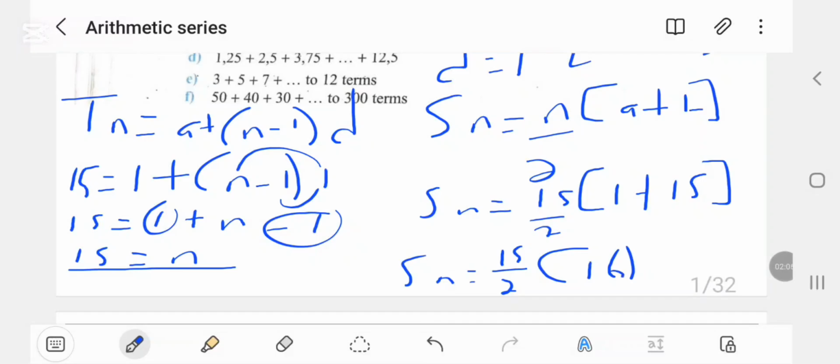Then we can simply use a calculator, and it's 120. So our answer is 120. Sn is 120. The sum to 15 terms is 120.